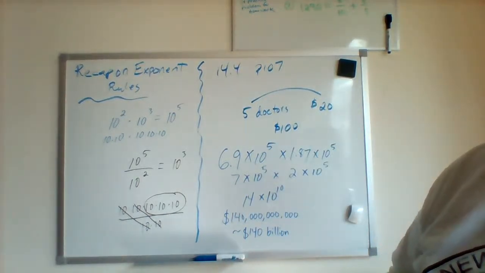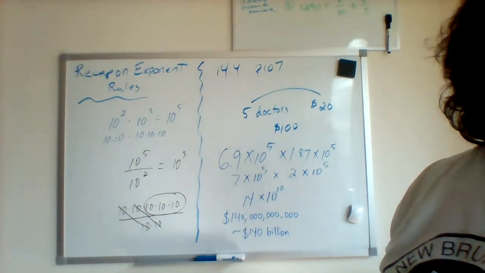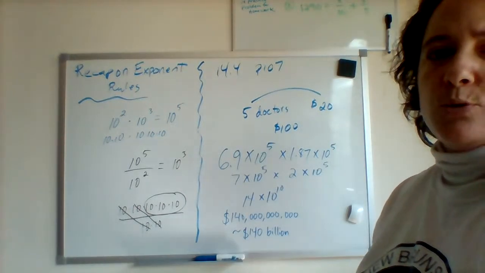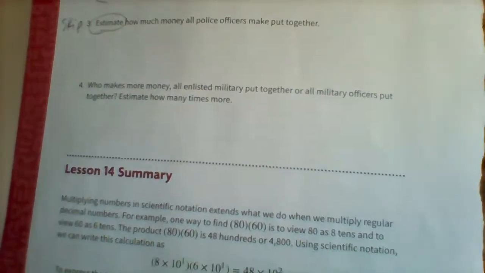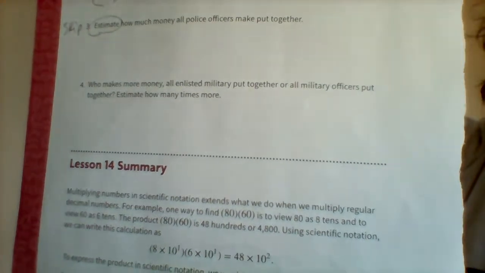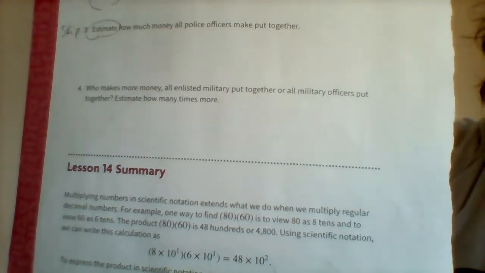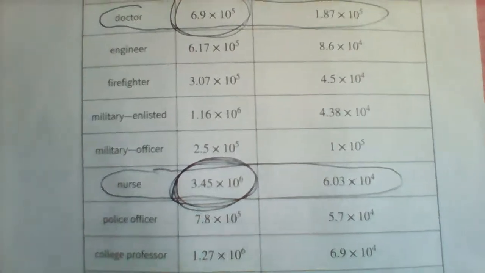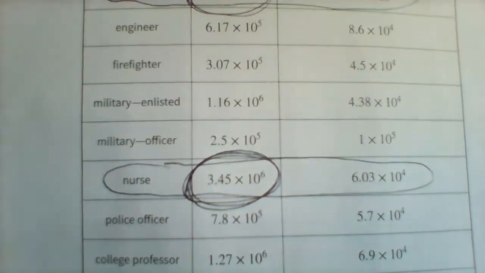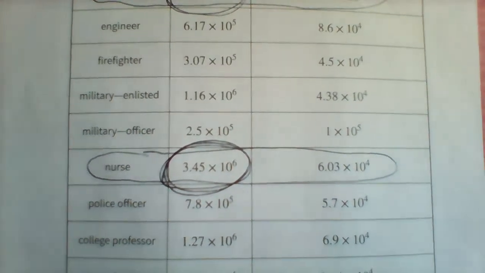Okay. Number 4 is basically 2 questions in 1. Who makes more? And then how many times more? So I need you guys to go back into your chart and take a look at military, enlisted, and officer.